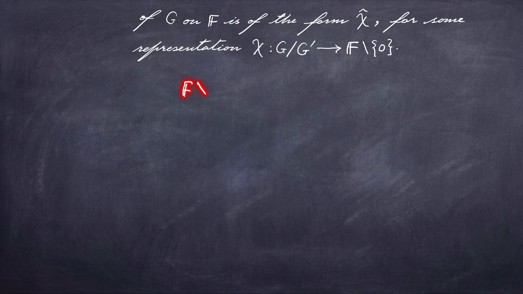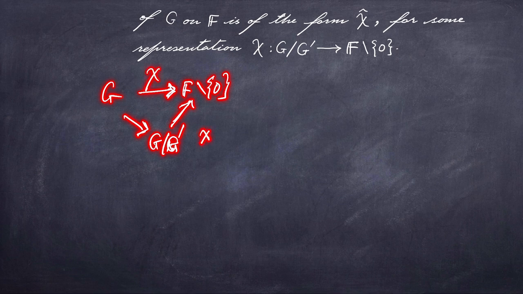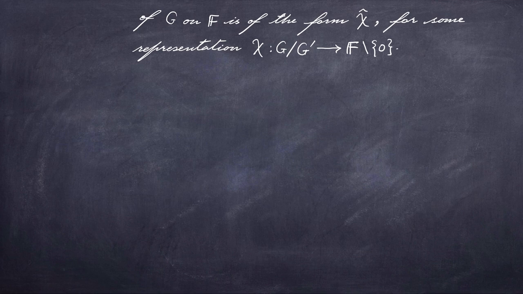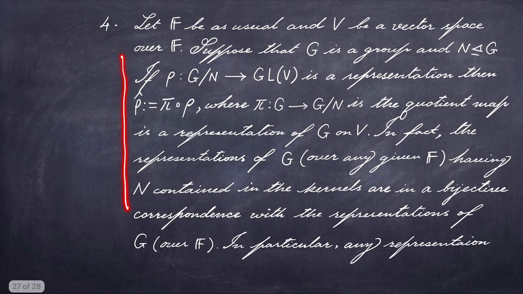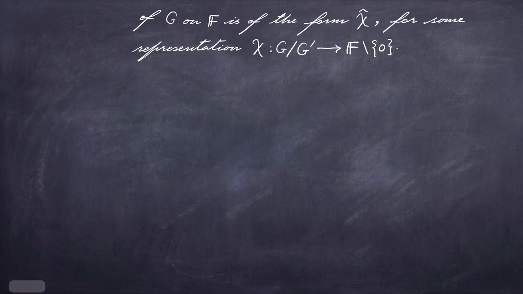This is because the multiplicative group is abelian, so any homomorphism must factor through some homomorphism of G modulo G prime to F star. Therefore, as a special case of this general observation, all representations of G on F are obtained by composing pi, the quotient map from G to G modulo G prime, with all the representations of G modulo G prime on F. Equivalently, all the homomorphisms, because representations on F or homomorphisms from G to the multiplicative group of F are all the same thing, which we have already seen.